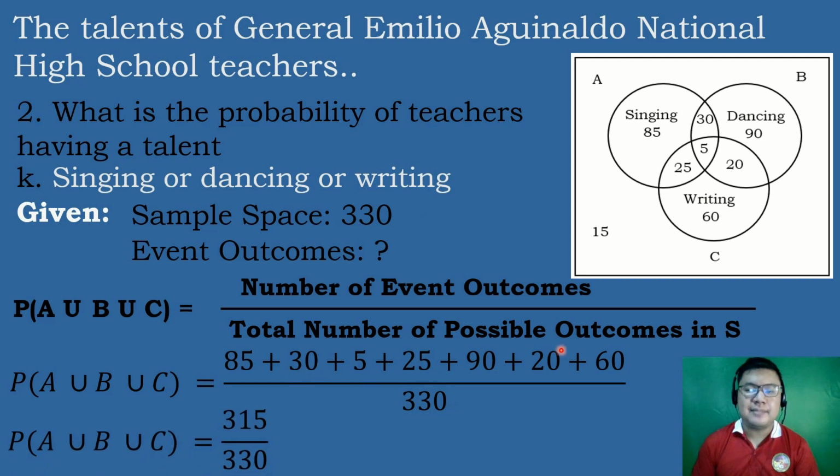And adding these numbers, we will get 315 over 330, and getting the lowest term will be equal to 21 over 22. Therefore, the probability of teachers having a talent in singing or dancing or writing is equal to 21 over 22.